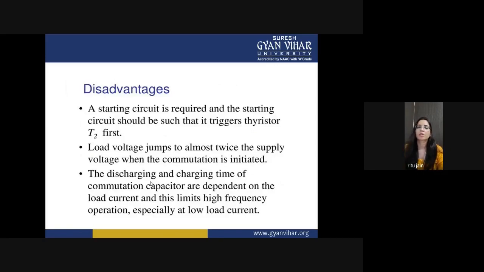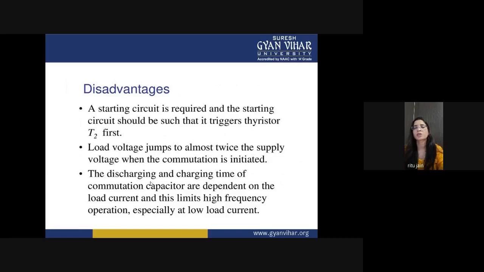Now let's come to the disadvantages of this method. A starting circuit is required for triggering your SCRs T1 and T2. This is the main disadvantage, that you need another circuit to turn on your thyristors, and the starting circuit should be such that it triggers thyristor T2 first.